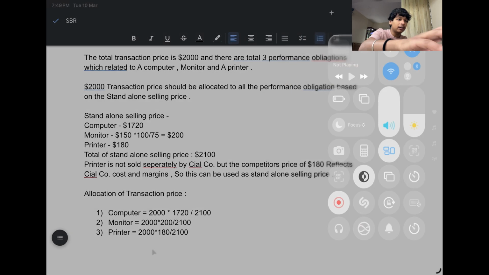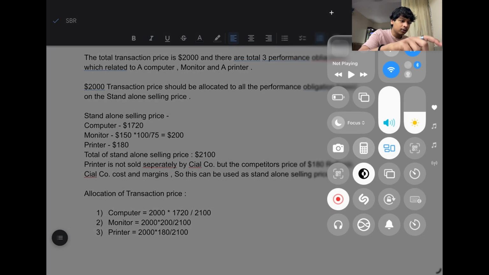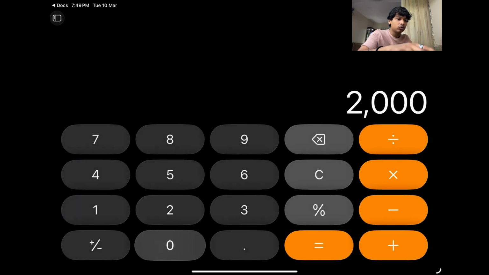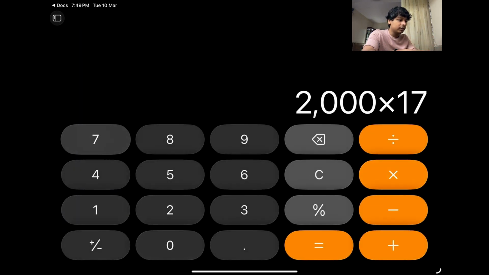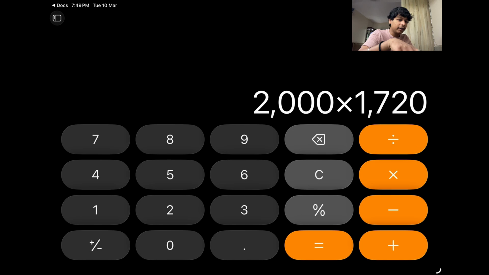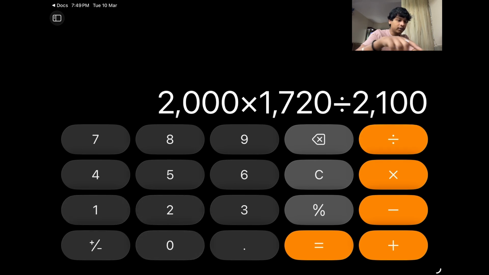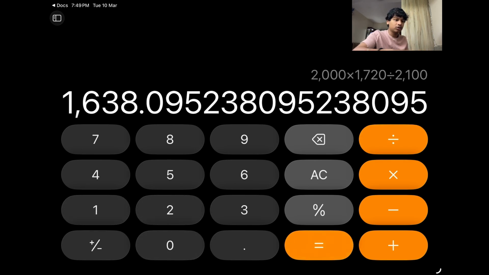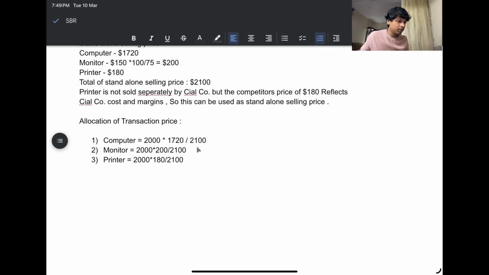Let me perform the calculations as well. 2000 into 1720 divided by 2100 is equal to 1638.